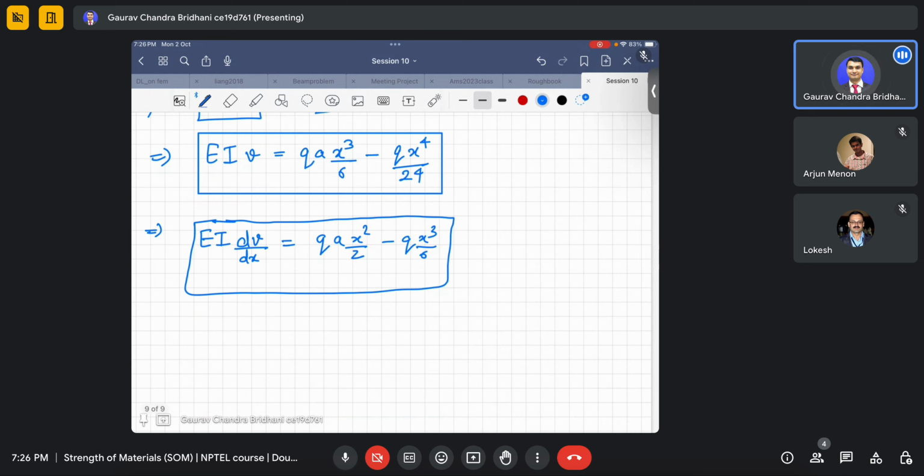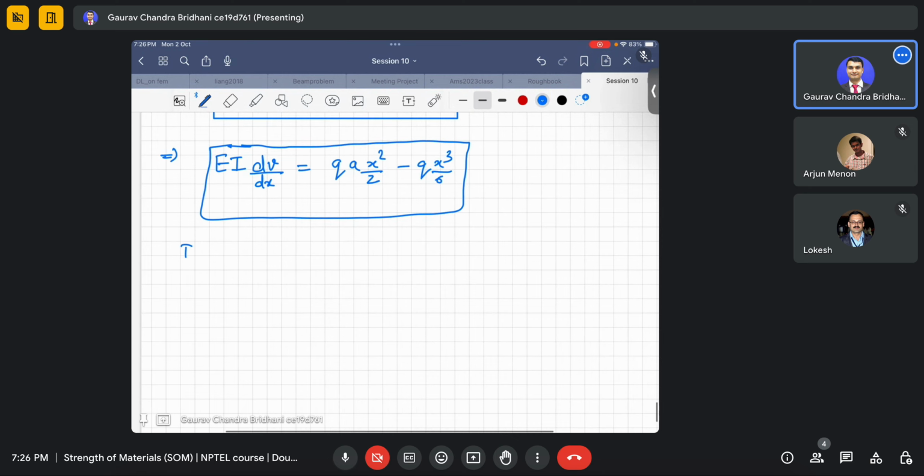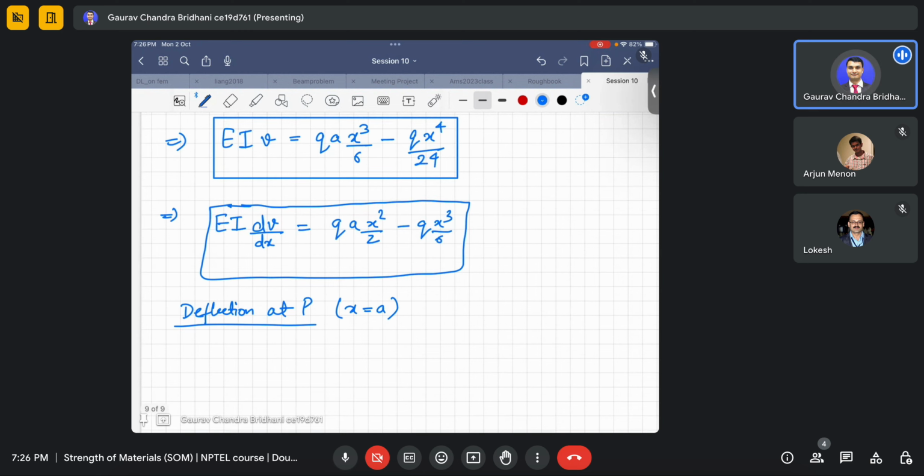Now what I wanted is the deflection at P. What is P? At x equals a. So I just need to put x equals a in this one. So EI V is equal to QA to the power 4 divided by 6 minus QA to the power 4 divided by 24.